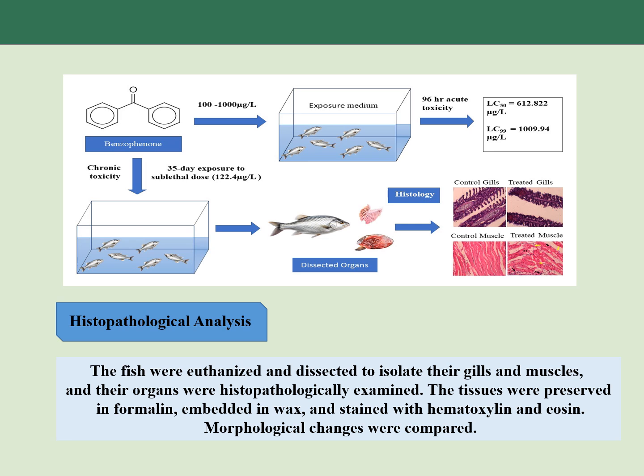This picture clearly shows the whole experimental design of this research. In the acute exposure, 100 to 1000 micrograms per liter concentrations were given to determine the 96-hour LC50 and the LC99. And in the chronic phase, the fish were exposed to the sublethal dose for 35 days, and after that the fish were euthanized and dissected to isolate their gills and muscles, and these organs were histologically examined.